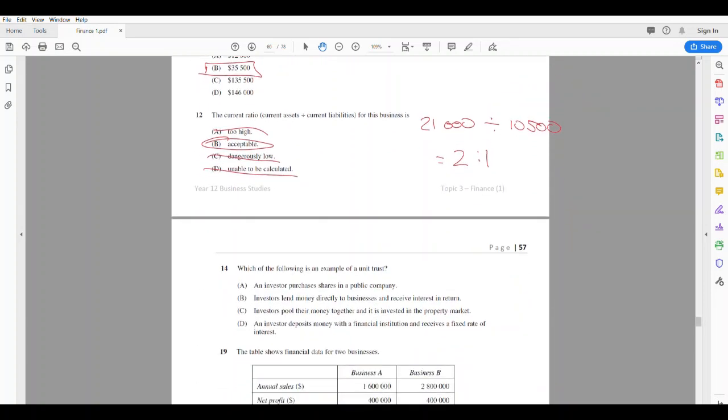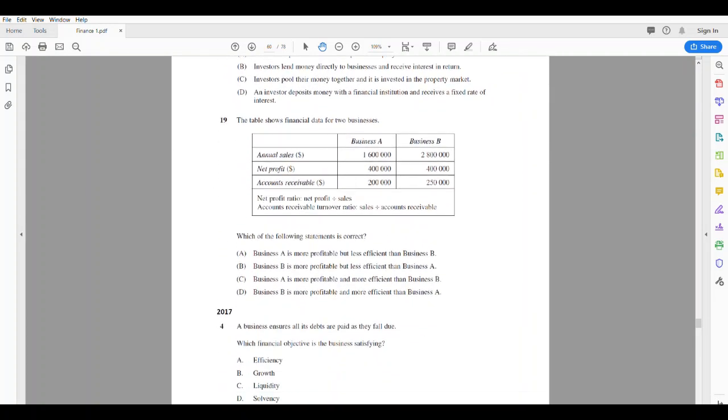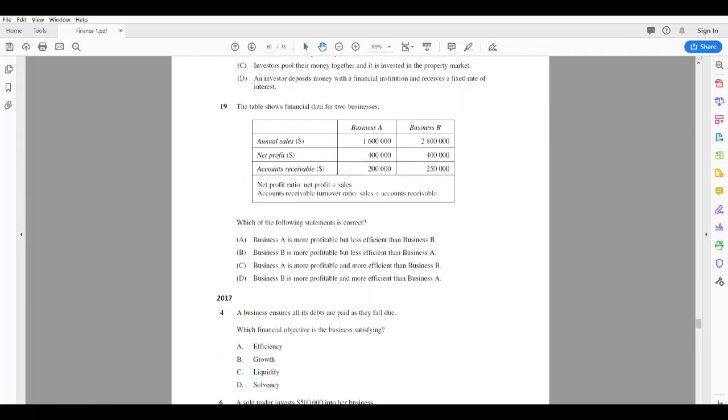Okay, now we're going to do question 19. And this is showing financial data for 2 businesses. We're going to look at which of the following is correct in terms of our net profit ratio and our accounts receivable turnover ratio.